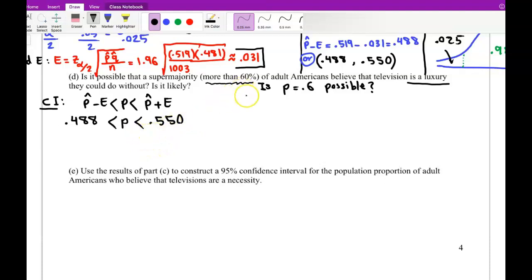And then answer this question that can we have this population proportion equal to 60%? See, here I have 55%, and here is 48, 49%. So it's very close to that. So we can answer yes. So it's possible.